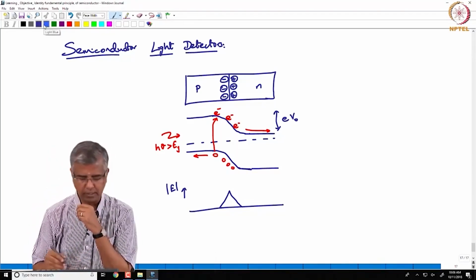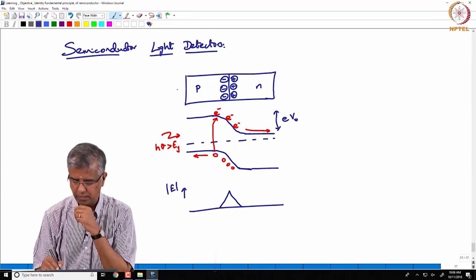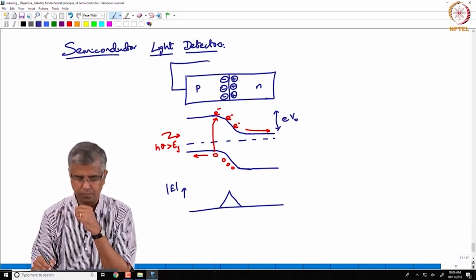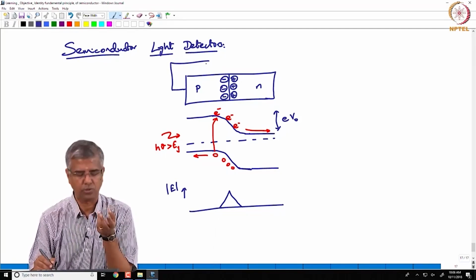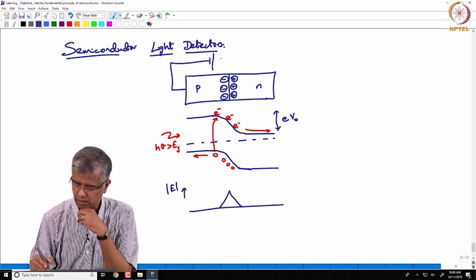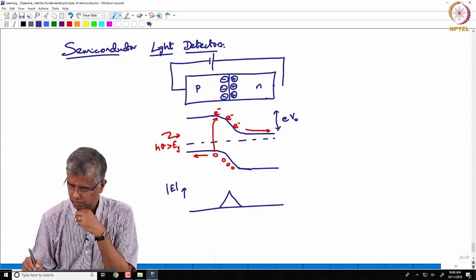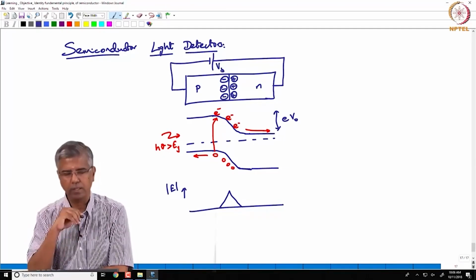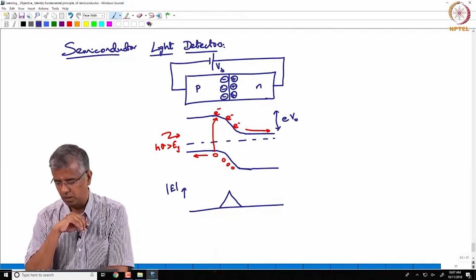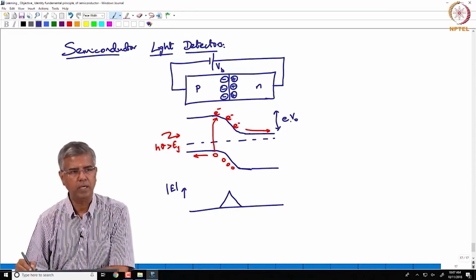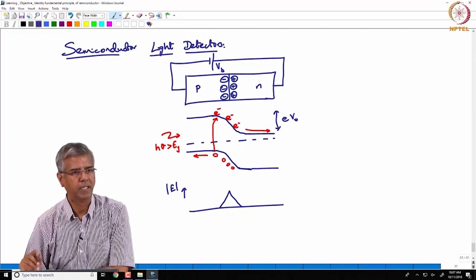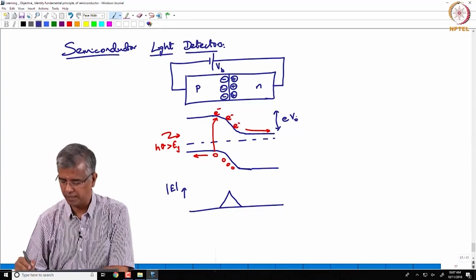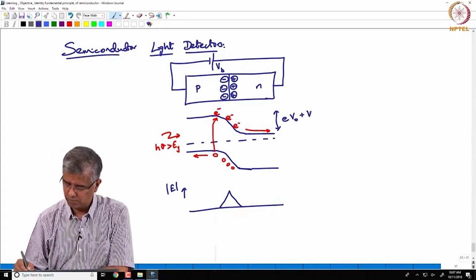Now, interesting things happen once again when you give an external bias to this. But this time, unlike the case of light sources, we are giving a reverse bias over here. When you give a reverse bias, let us say reverse bias VB, this potential, that barrier, is going to be modified such that, because it is reverse bias, you have enhancement of the barrier.